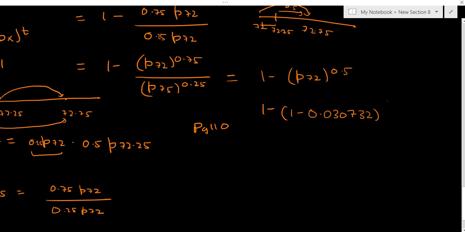If you calculate this, it comes out to be 0.015486. This would be your final answer for this question. So that's how you go about doing these things, and that's your answer.